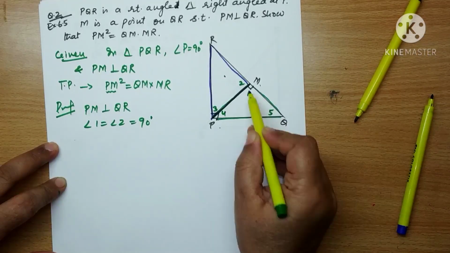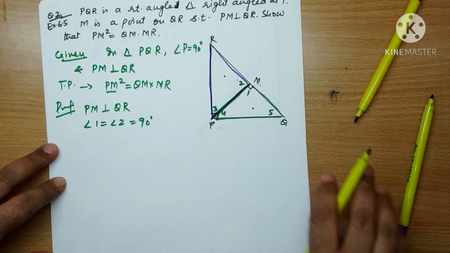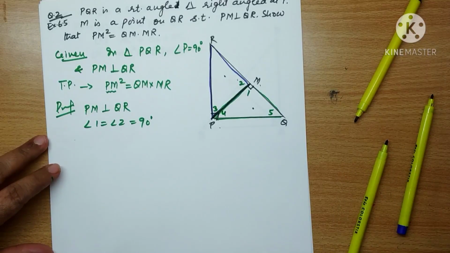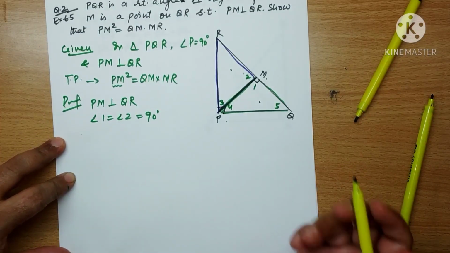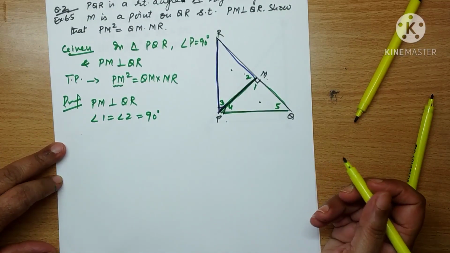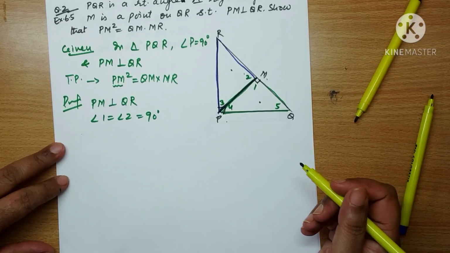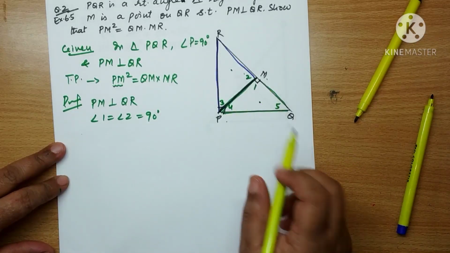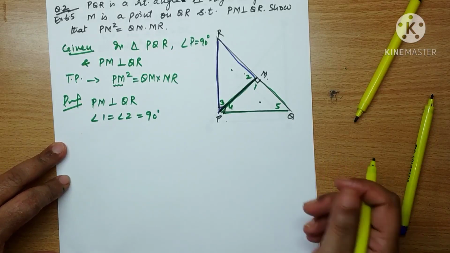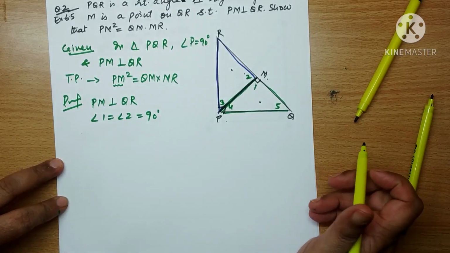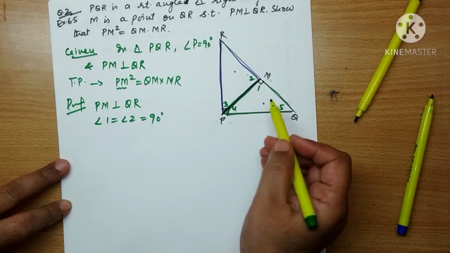I have one angle 90, 90, and if you have one angle equal, then the chances of the other angles being equal are more. There is no relationship between the sides given, so I'll look for angle similarity criteria and try to derive the other angle.